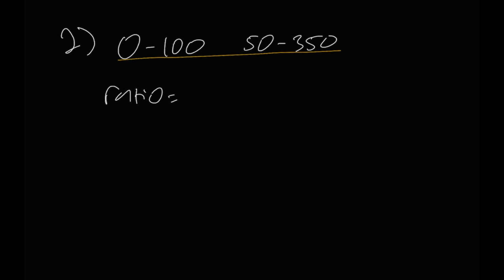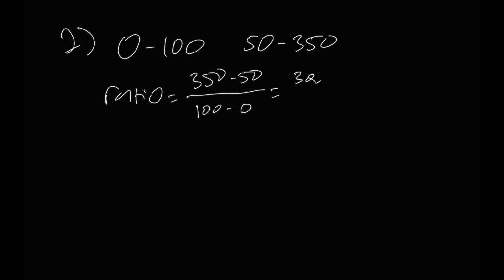The ratio is going to be the fractional difference between the two different ranges, with output on top and input on bottom. So that would look like 350 minus 50 over 100 minus 0. So that's going to be 300 over 100. That's the difference of the ranges. And so our ratio is going to be 3.